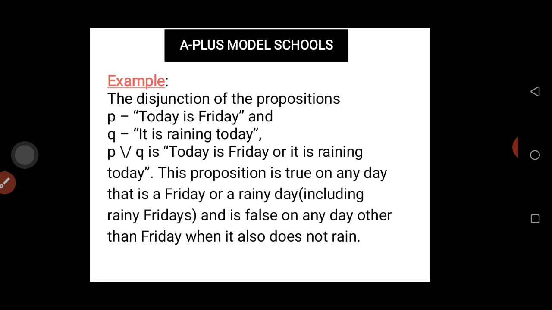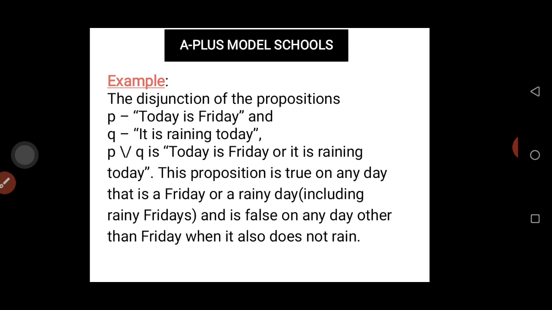Example, the disjunction of the proposition P, today is Friday, and Q, it is raining today. P or Q is today is Friday or it is raining today. This proposition is true on any day that is a Friday or a raining day.